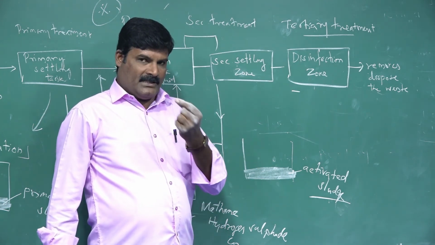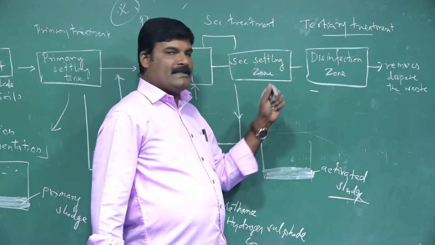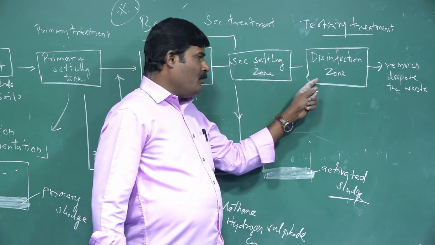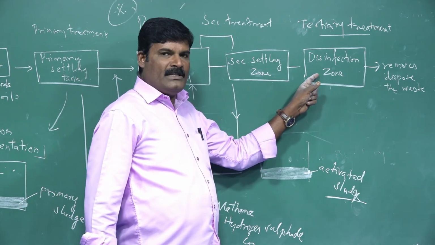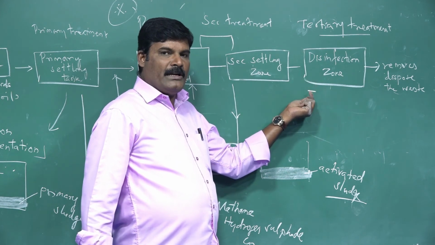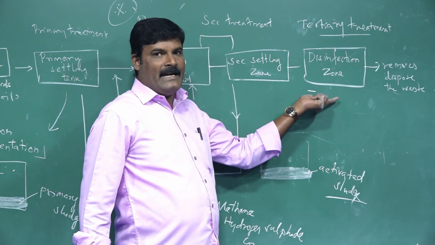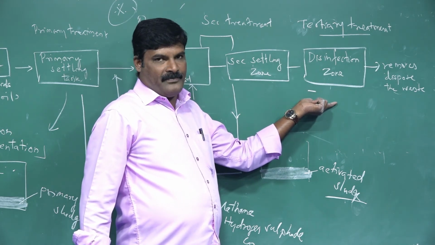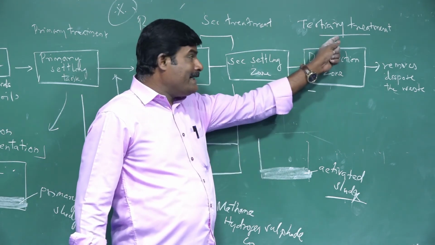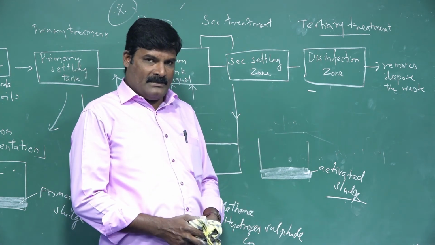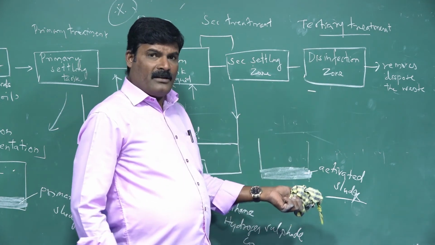Removal of germs or microbes from the water, which improves the water quality. It also removes additional inorganic components and substances such as nitrogen and phosphorus in the disinfection zone. That is tertiary treatment, the final process. Here no sludge is formed.